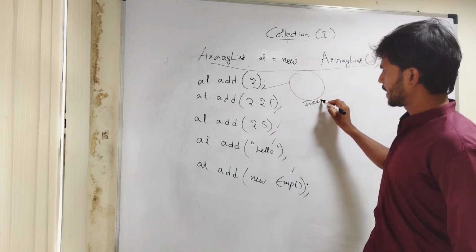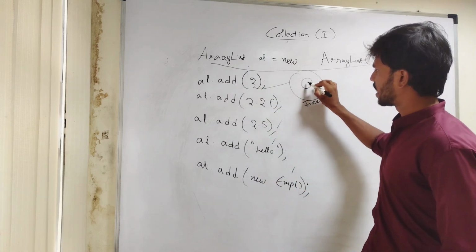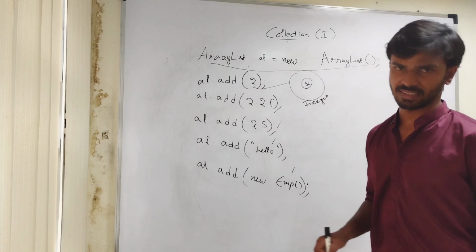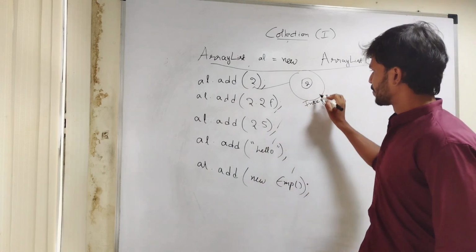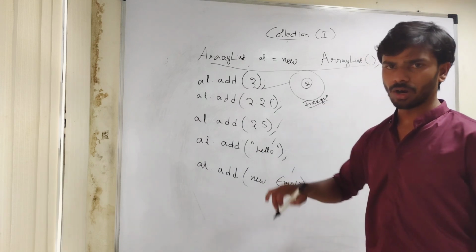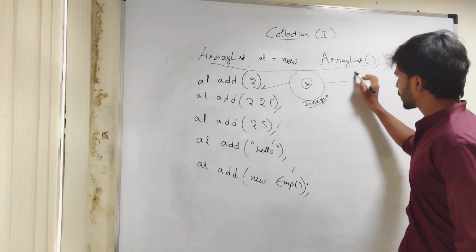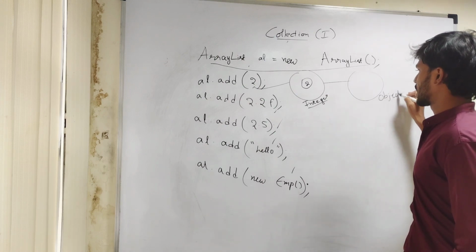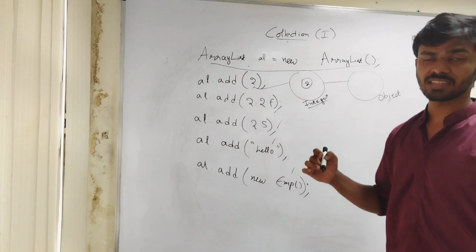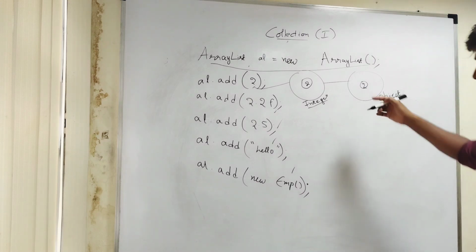The value is stored inside the Integer class object. And Integer is the child of the Object class, so this object is upcasted to the Object class. Object is the supermost class for every class. The value is stored inside this Object.